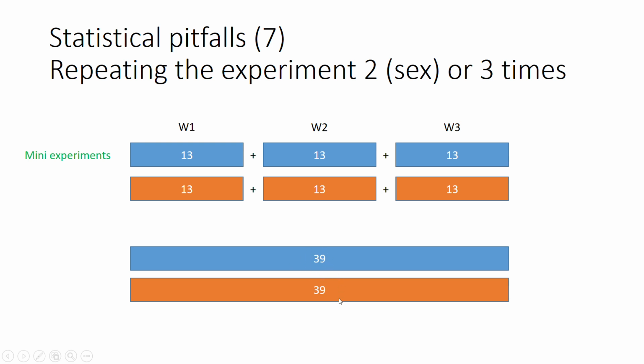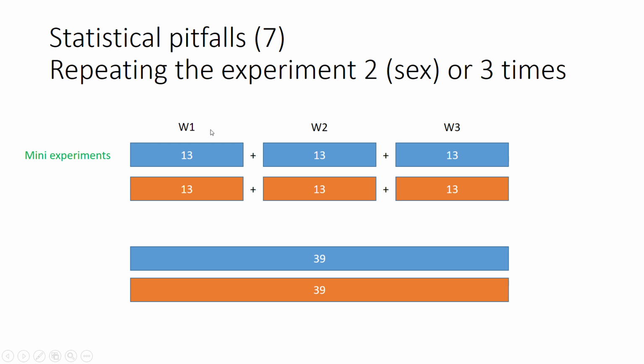So instead of repeating the experiment with 39, 3 times, what you should do are mini experiments. So you divide your experiment into 3 mini blocks of 13 animals each, and then if in one of the weeks you have a problem with biased results, you will be able to identify it, because the other 2 weeks are giving consistent results with each other, and also you will be able to identify what the bias is, and you will be able to correct for it.